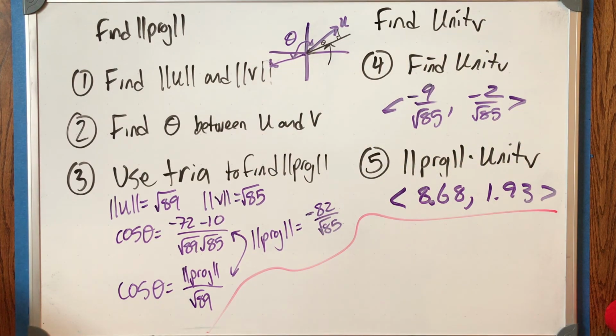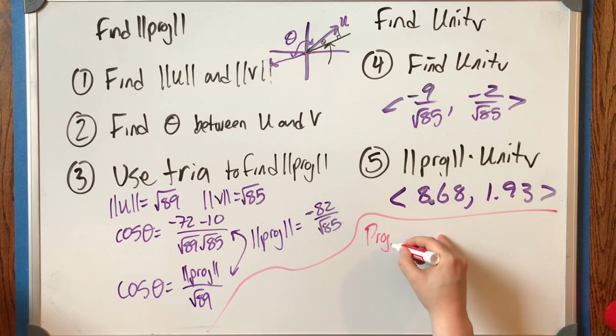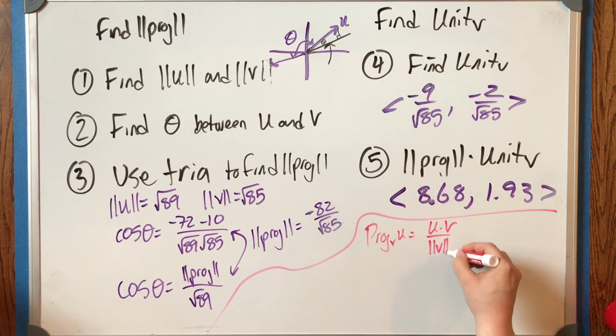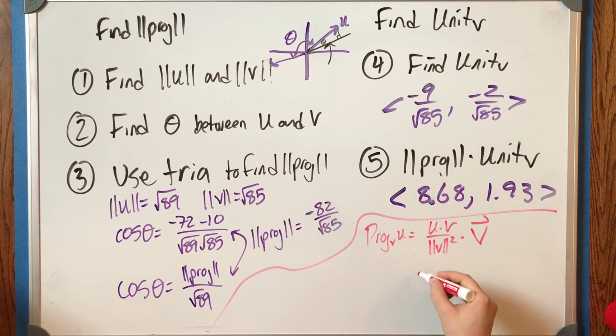Now if I use the formula that we developed at the end of the last one, it says that the projection of u onto v is equal to the dot product of u and v over the magnitude of v squared times vector v. So we can do that. The dot product is going to be negative 72 minus 10.